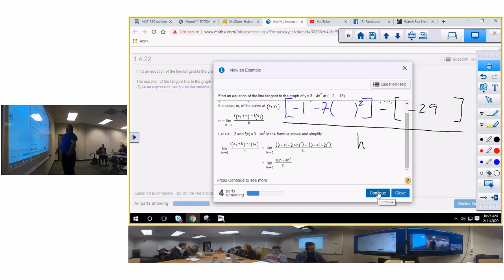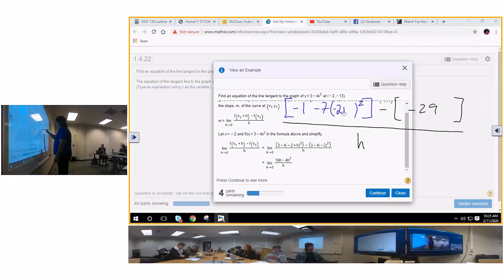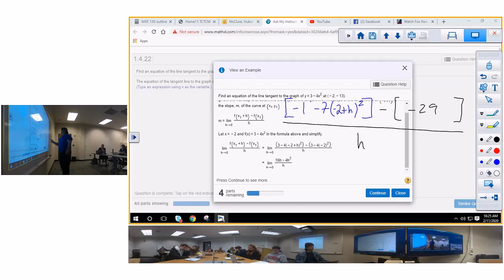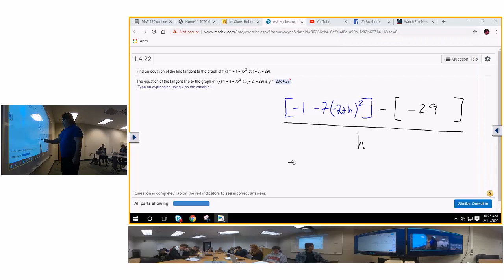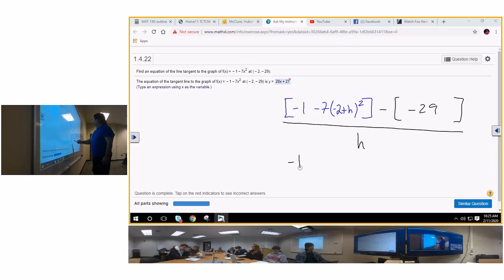So we're going to get negative 2 plus h right here, and then you just solve it. This is not my idea of a helpful problem, but I'm going to do it just to make sure y'all know how to do it for your homework, because it's not going to be on the test.